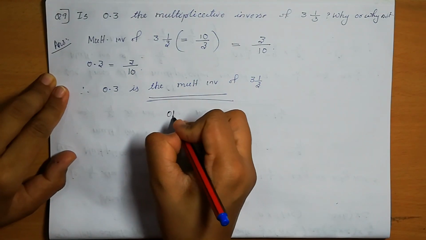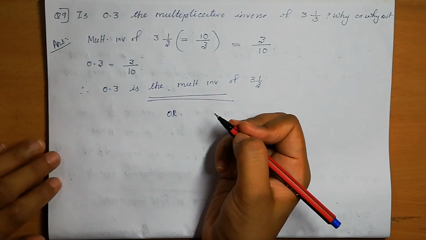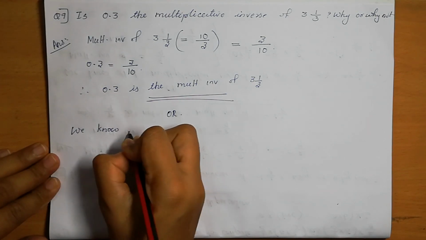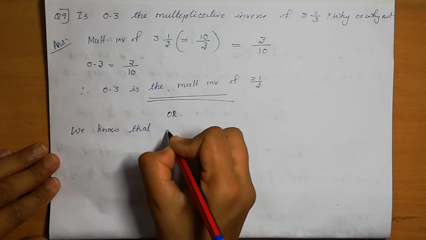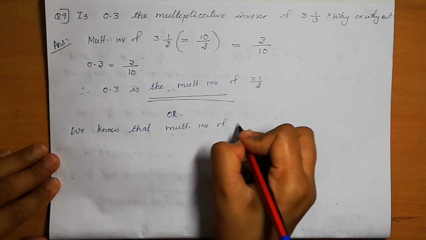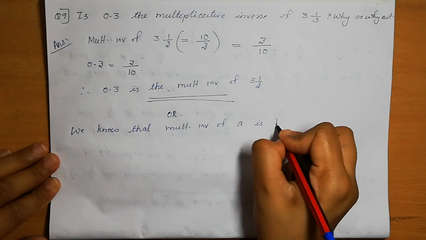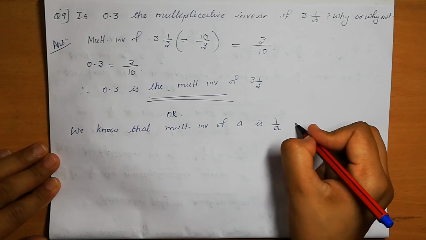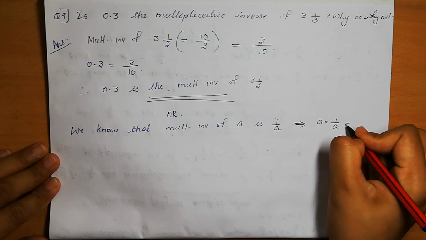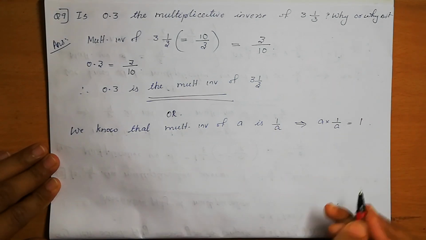Or using this equation also we can write. We know that the multiplicative inverse of a is 1 by a. So this one we can write as a into 1 by a equal to 1. Correct. This one we can verify.